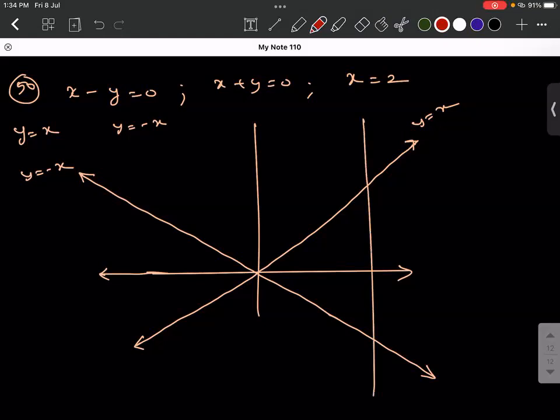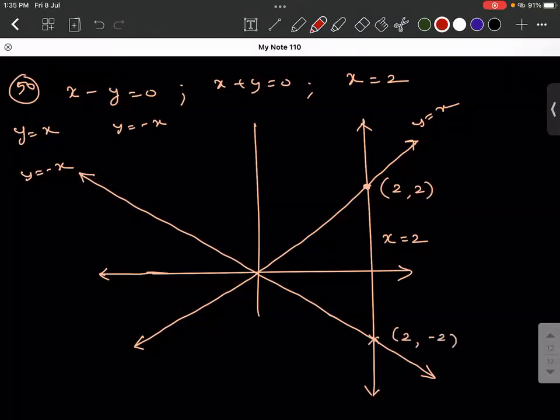Is this clear? So what will this point be when x is equal to 2? The coordinates will be 2 comma. What will be the value of y? It is 2. So this point is 2 comma 2.